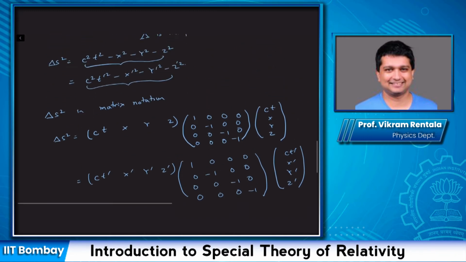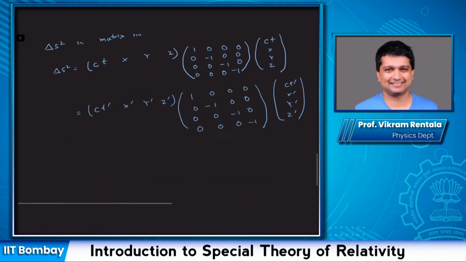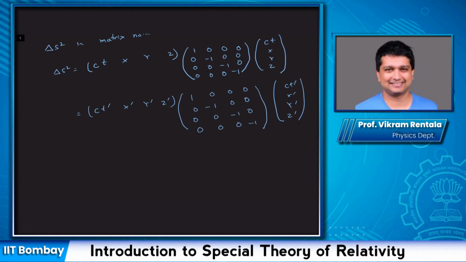And what we want is, under this general linear transformation, this quantity, the space-time metric, to be the same no matter what choice of point we make for t, x, y, z, or equivalently for t prime, x prime, y prime, z prime. Now we can write this space-time interval using these matrices, and we've introduced this 4x4 matrix over here.